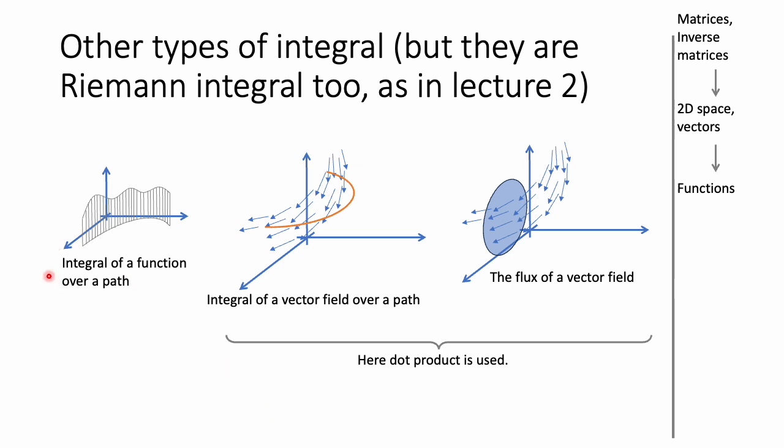Here is one example. Imagine that we have a function f of x and y defined for just a two-dimensional plane, and we draw a path on the input two-dimensional plane. Here is the path. And it's a valid operation to compute the integral of the original function along this path. So we neglect the surface that is defined by this function.